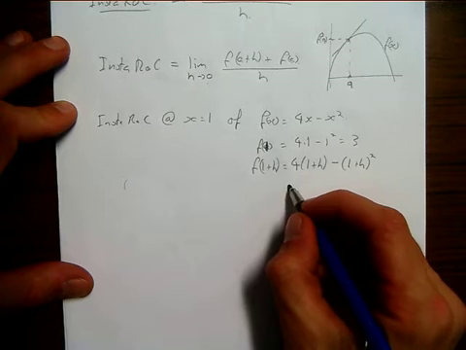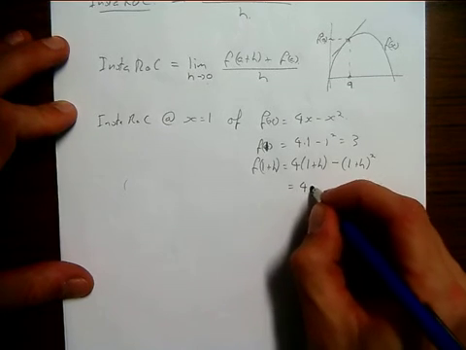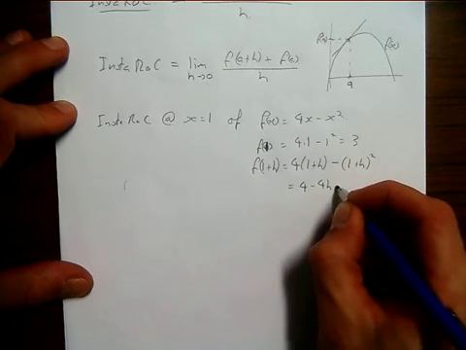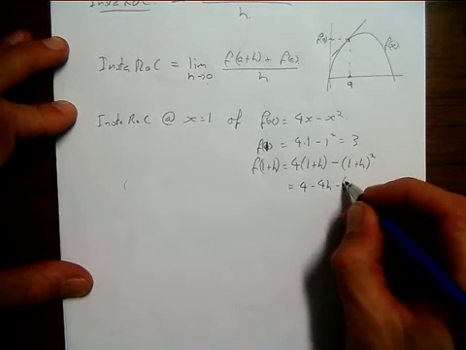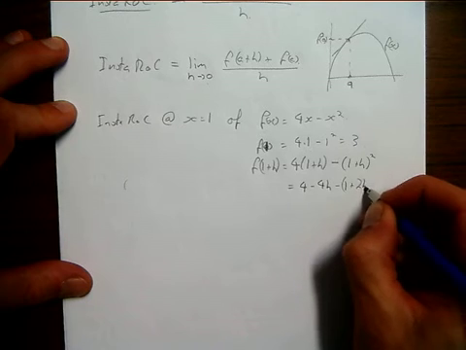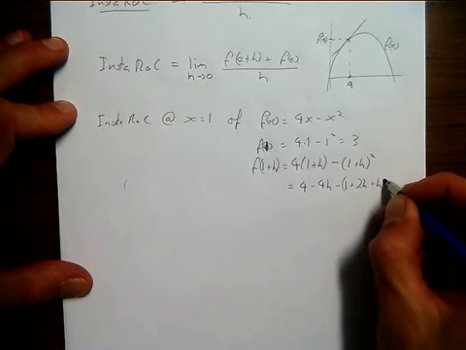I can expand this a little, so I have 4 take 4h take 1 plus 2h plus h squared.